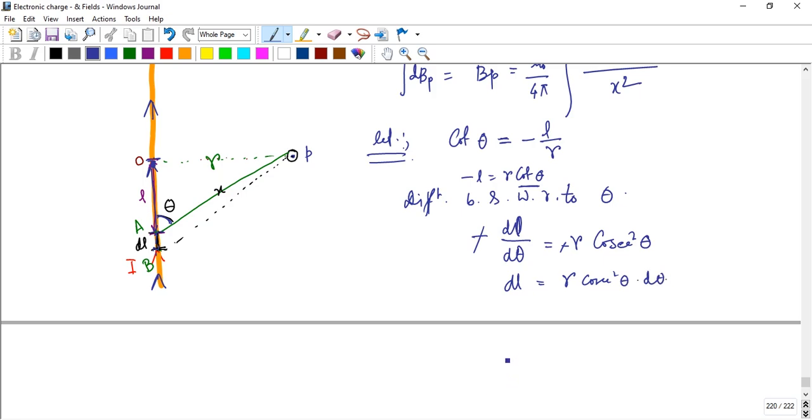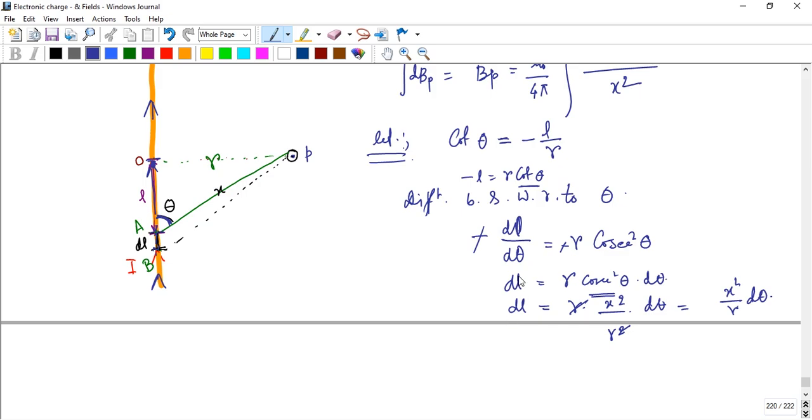Now here the angle is theta, and cosec means the reciprocal of sine. Sine is perpendicular by hypotenuse, so cosec is hypotenuse by perpendicular, which is x by R, squared. Replacing these, finally we get dl equal to x square by R d theta.